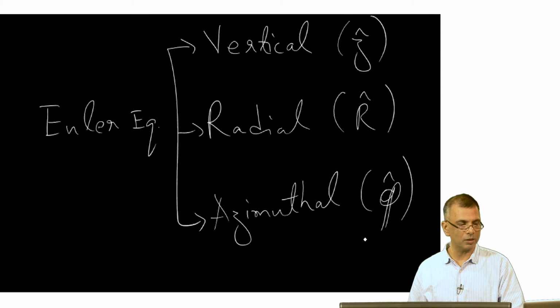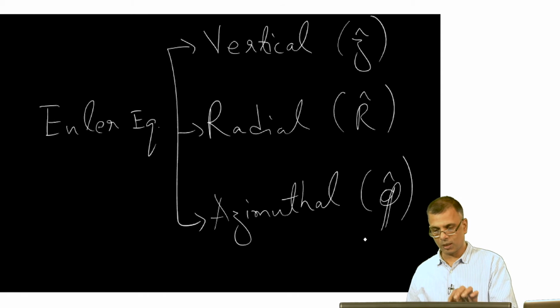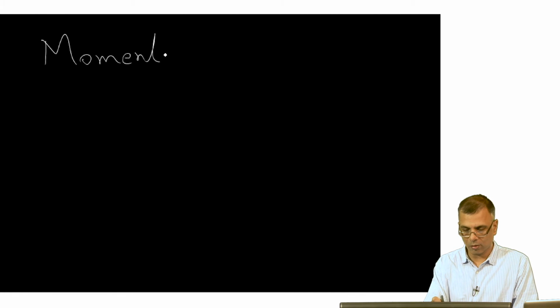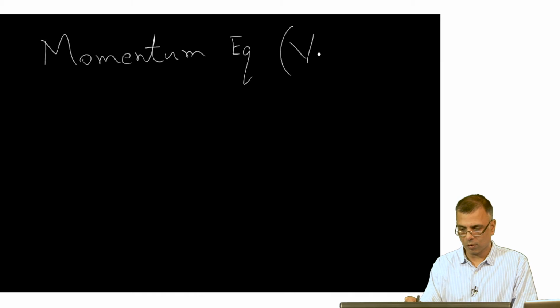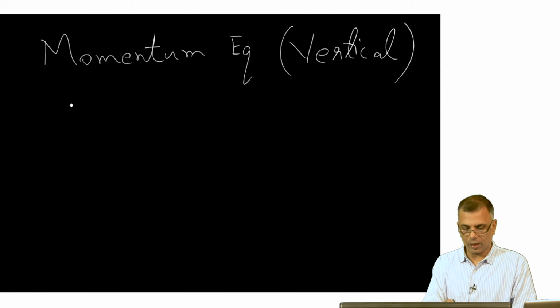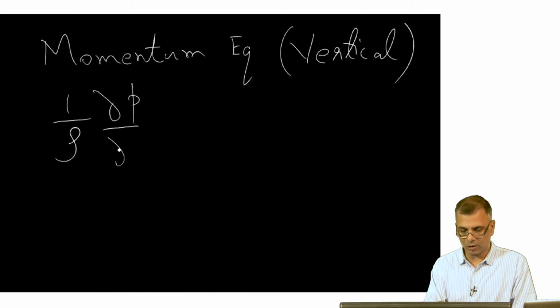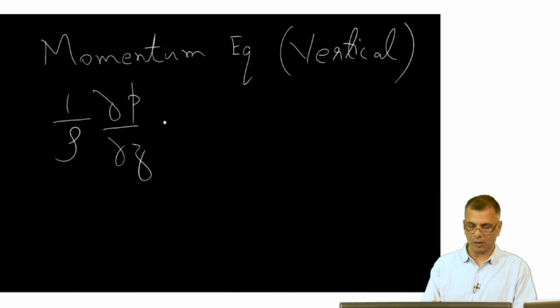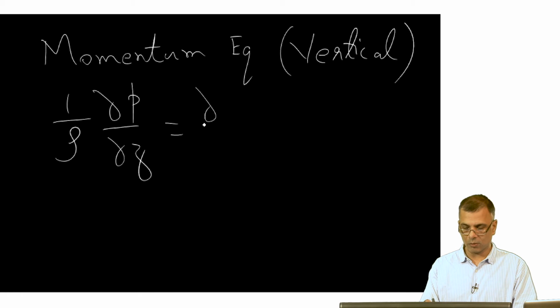So, let us now consider first the vertical component of the Euler equation, of the momentum equation. Let us see how that looks. It looks like 1 over rho dp dz. So, you only have the pressure gradient term, and this is equal to d over dz of the potential.